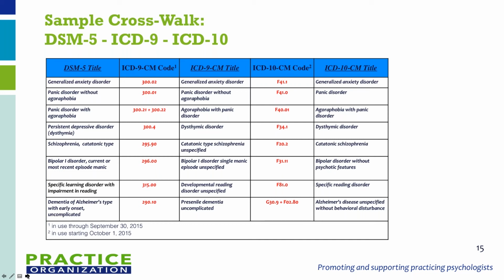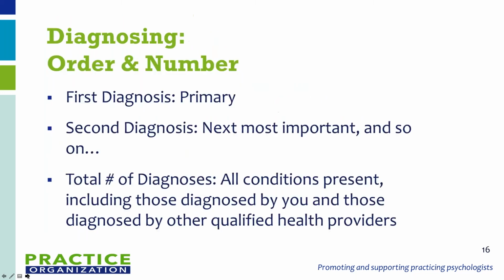My own personal impression is that the basic mental health codes, or the F codes, are pretty easy to go from DSM to ICD-10, not point to point, but in the ballpark. But when you start to use ICD-9 outside the DSM or mental health codes, that point-to-point correspondence becomes a bit more complicated. Next slide, please.